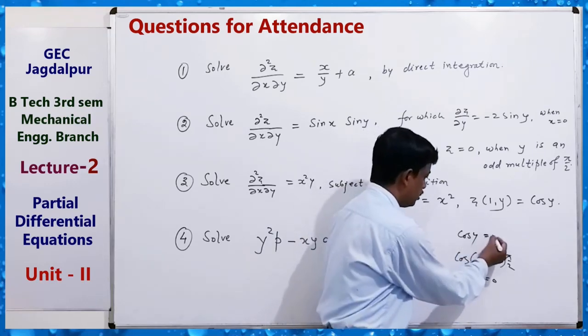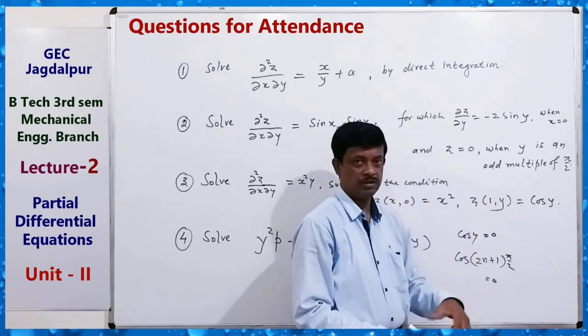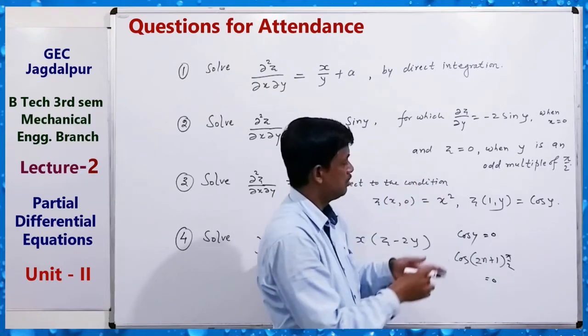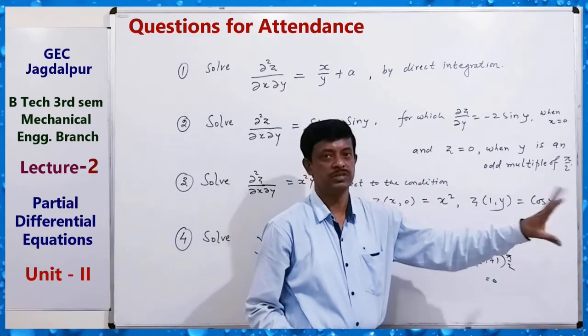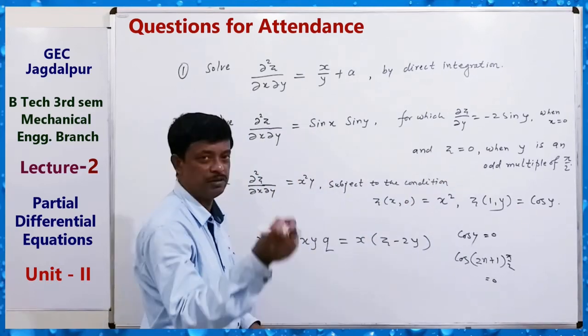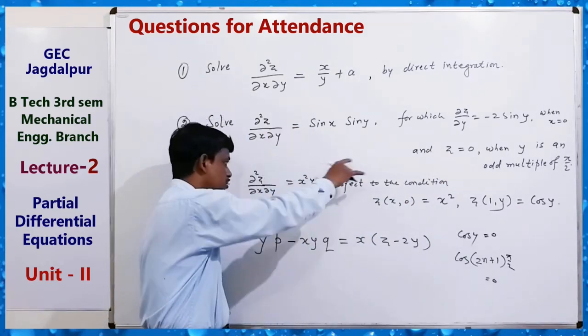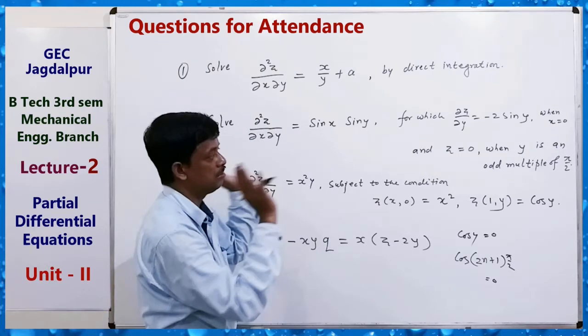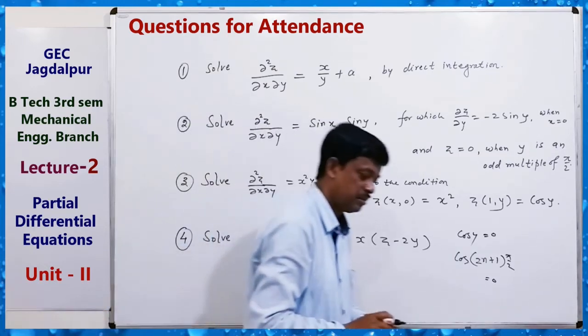Then cos y equals 0, so you can put the value 0 where cos y appears, get the value of g(x), and finally put the value of g(x) in the equation for z. That will be the final solution.